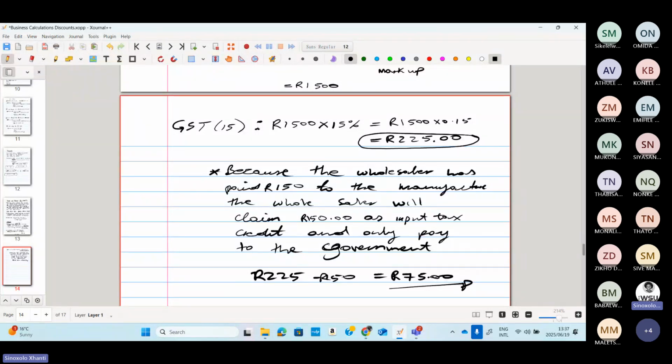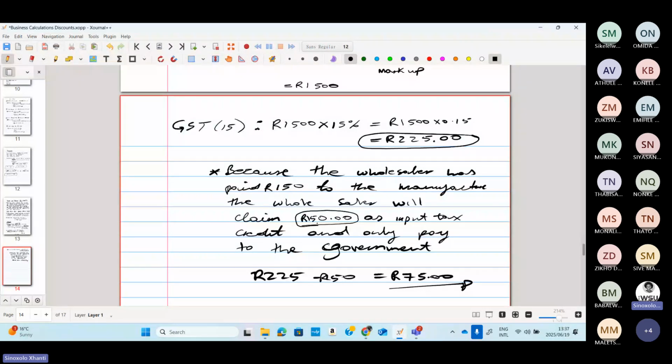So when this wholesaler is claiming this 150, out of these people who are buying from this wholesaler, it is supposed to collect all this money and send it to the government. So out of all the monies that this wholesaler has collected, it will deduct 150, saying, this is mine, I'm not going to send it up front.